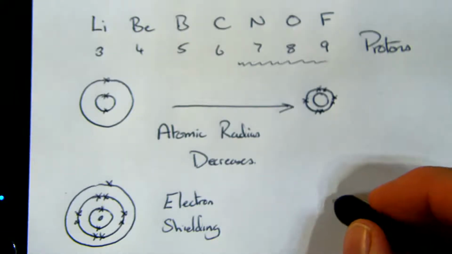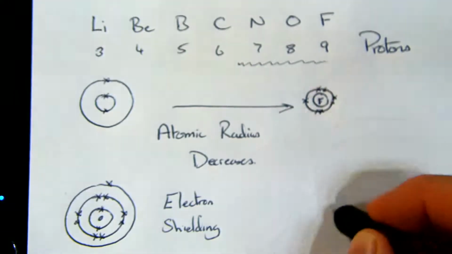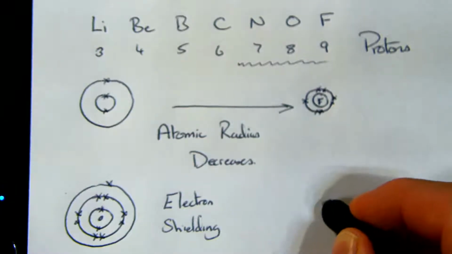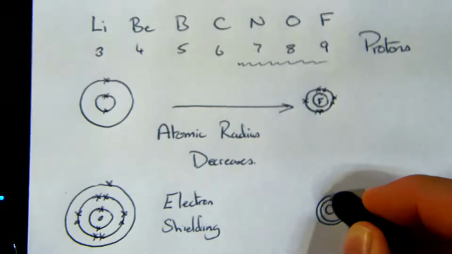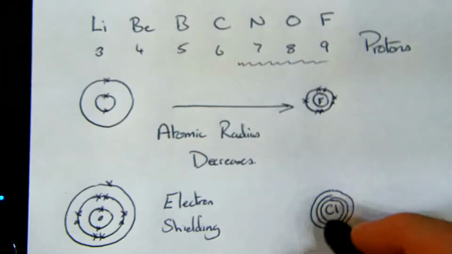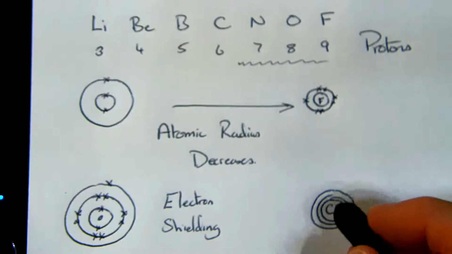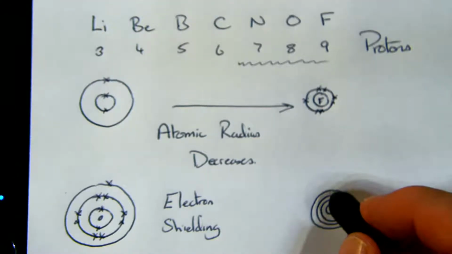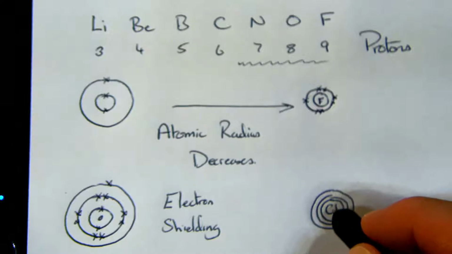On the other hand, we're looking at fluorine, and there we look at chlorine. We've got more charge, so less atomic radius, so we're bringing these things in. So these are more attracted by this strong nucleus.